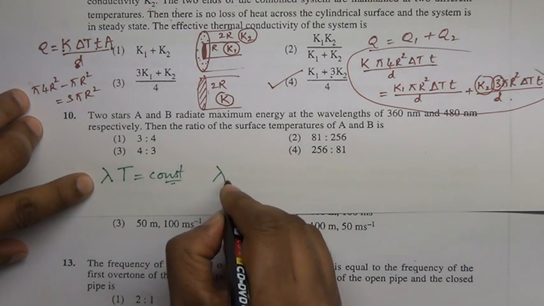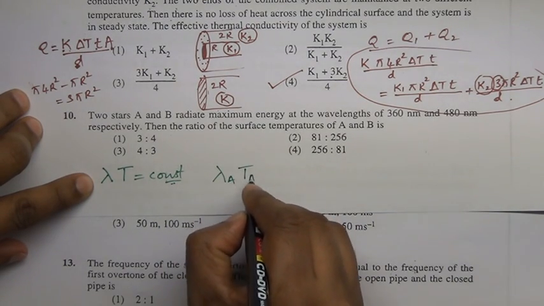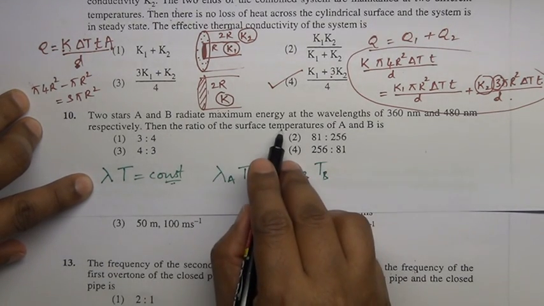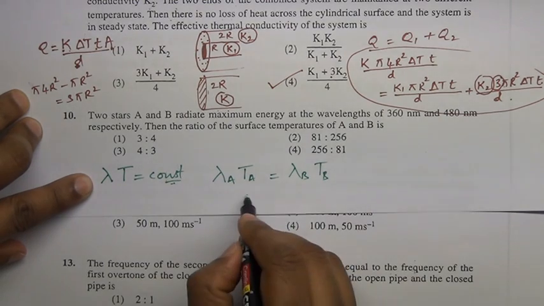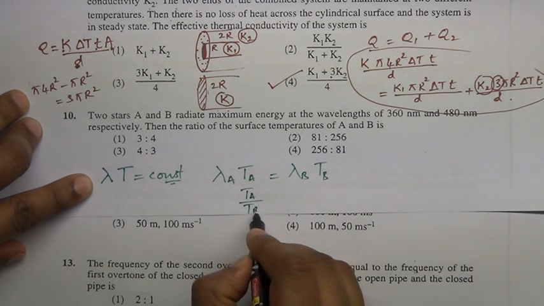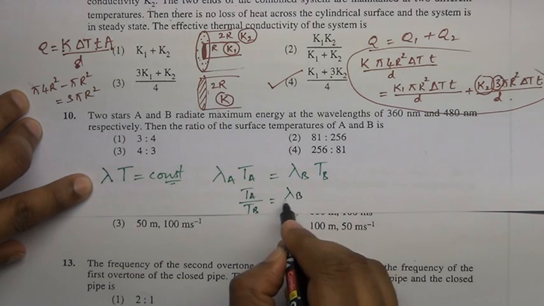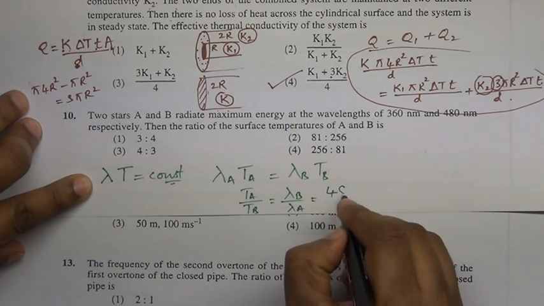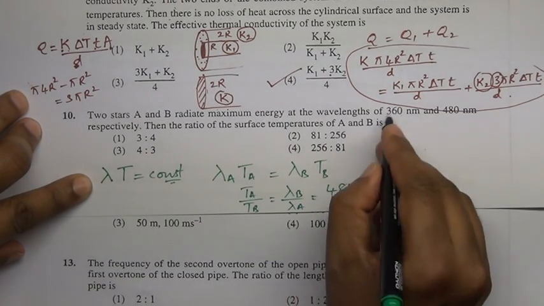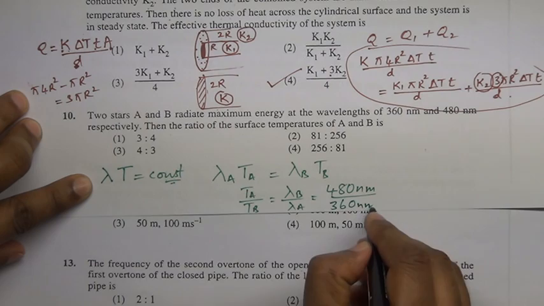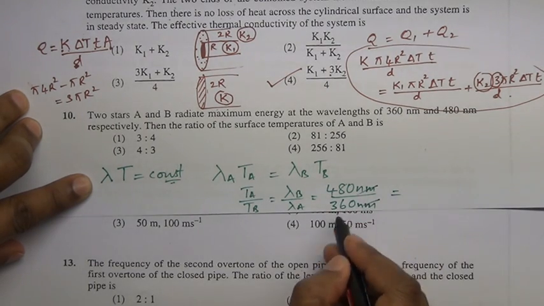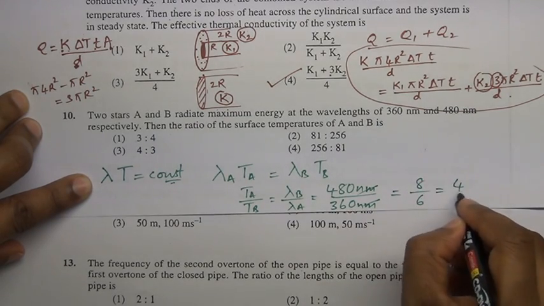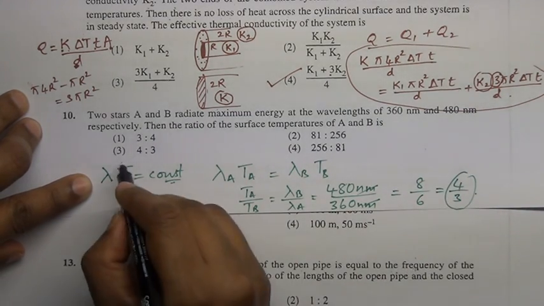Means lambda A into surface temperature A equals lambda B into surface temperature B. So TA by TB equals lambda B by lambda A, which is 480 nanometer divided by 360 nanometer. Nano gets cancelled, 0 gets cancelled, 48 by 36. It is 4 by 3.